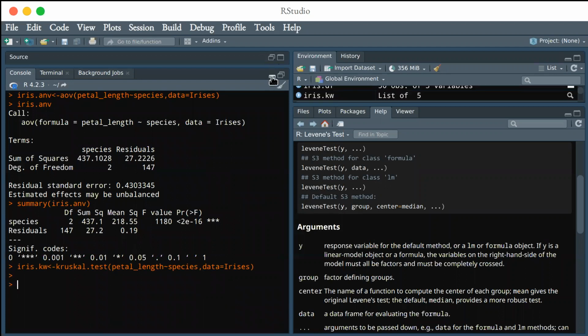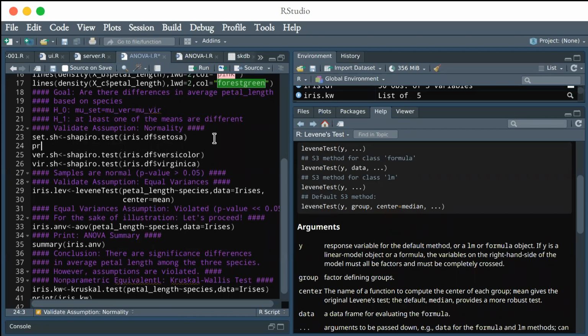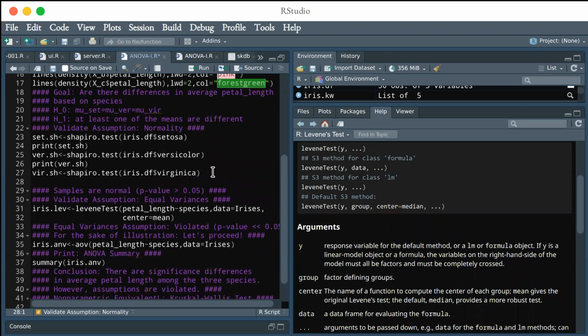Okay, so I'm going to go ahead and print iris.kw. This is for later reference.